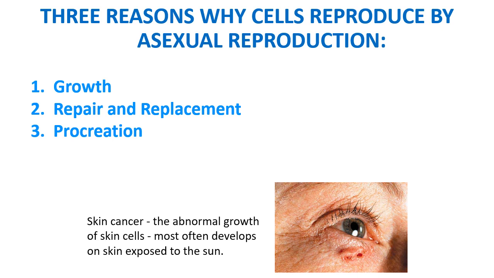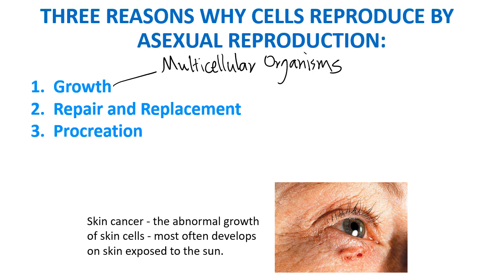So why do cells reproduce this way? Well, there are three different reasons. Firstly, it's for growth, and this happens in multicellular organisms in particular, like humans, plants, and other animals. If we want to grow, we can't just grow our cells larger, because there's a limit to how big cells can grow.